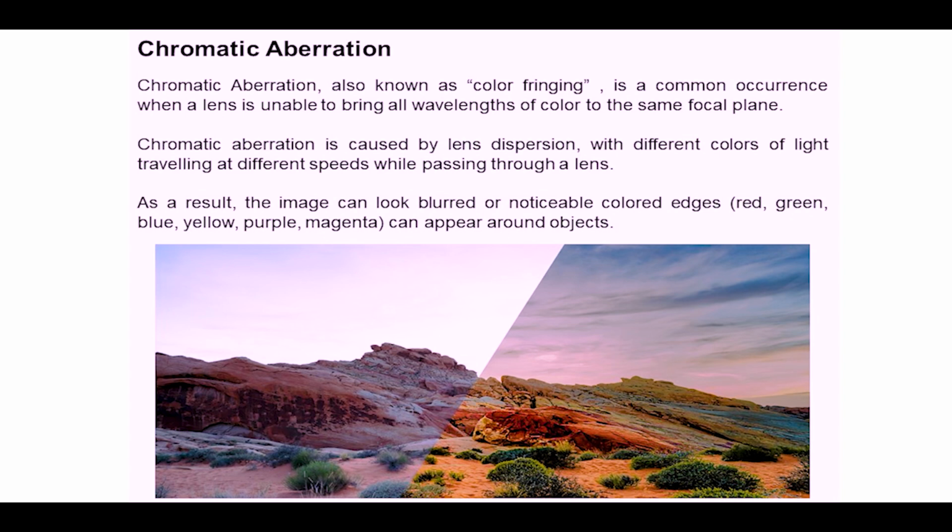As a result, the image can look blurred, and noticeable color edges like red, green, blue, yellow, purple, orange can appear around the objects.